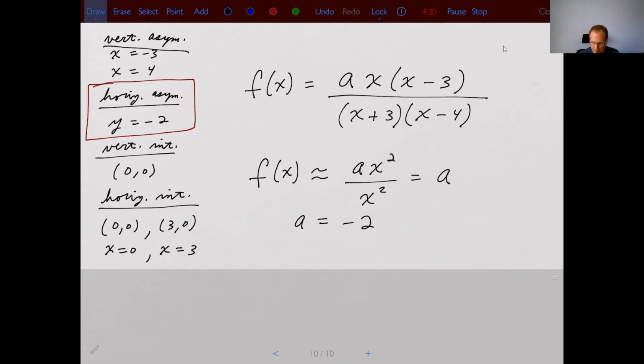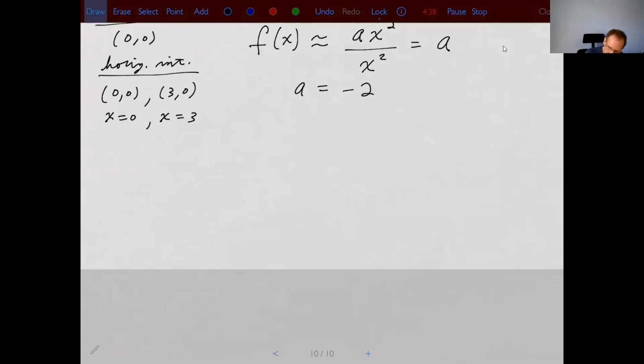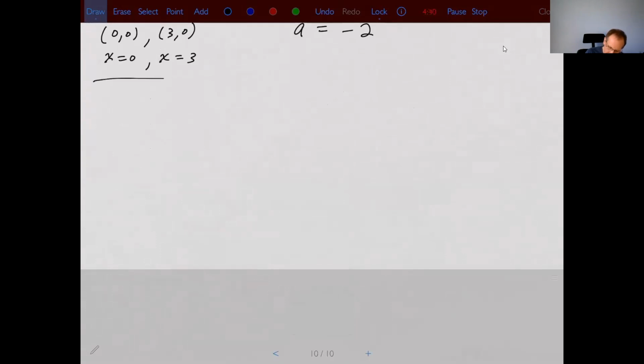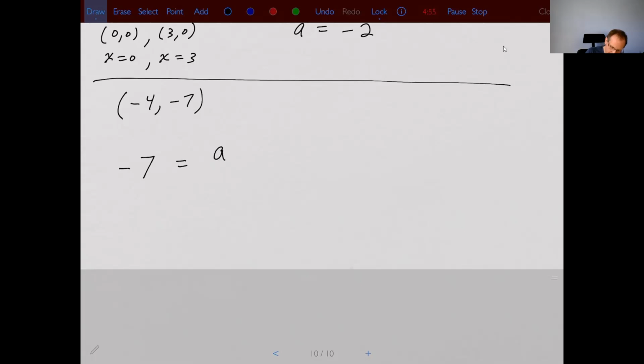If you don't like that argument, then we can just plug in a point. And remember, we found a point that lied on the graph. So here's the second way we can argue that. We can plug in that point. What was it again? -4, -7. So where I have my y, I'll put in -7, and an a, and where I had an x, I'll put in -4.